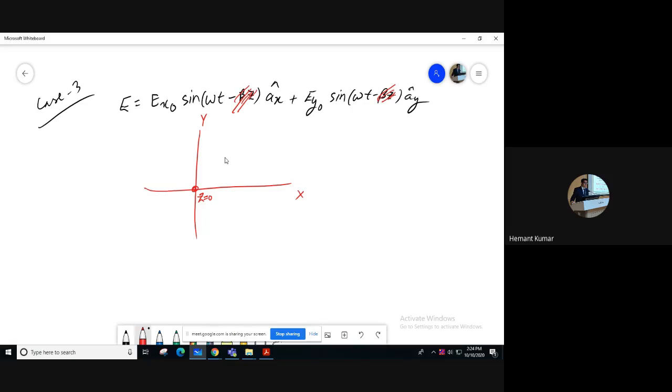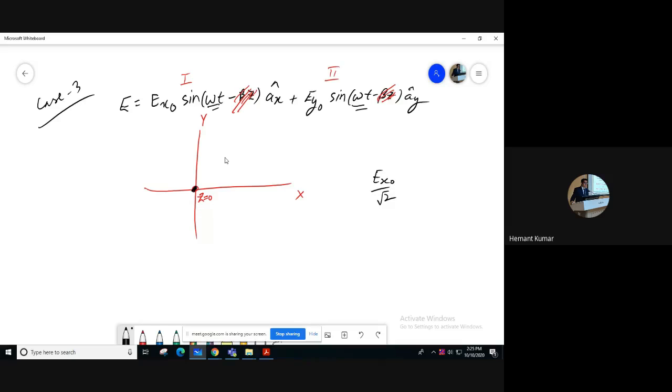Now put t is equal to 0. If you put t is equal to 0, this component, first component, and this component, second component, both the components will be 0. So we'll get this point, right? Now put t is equal to pi by 4. If you put pi by 4, this component will become E x naught by root 2.